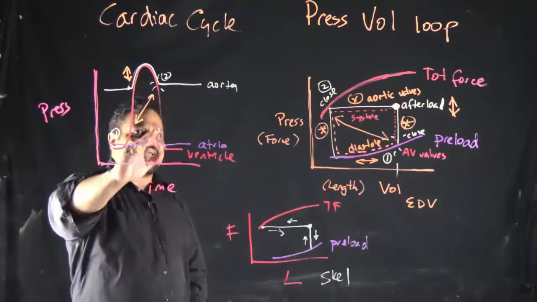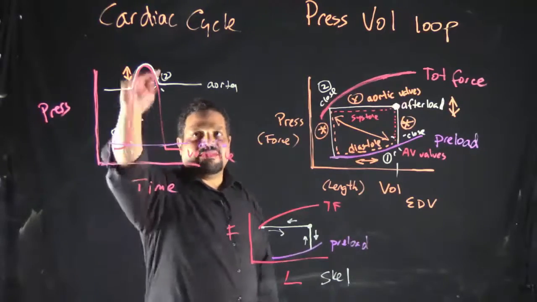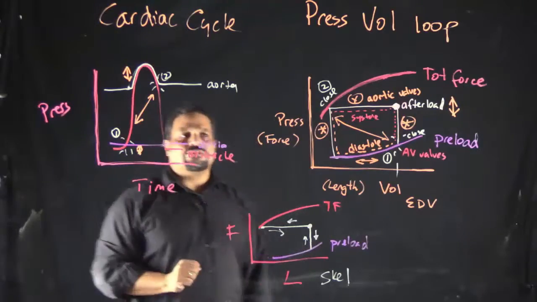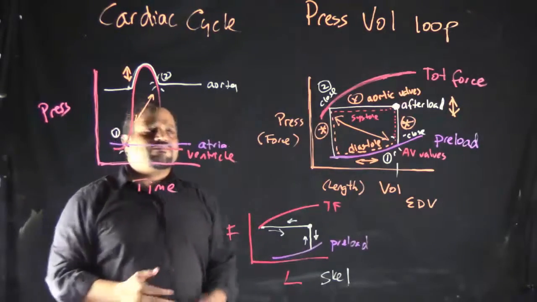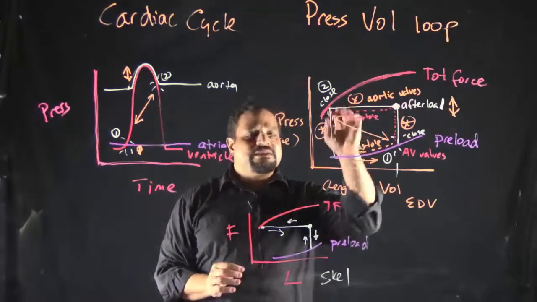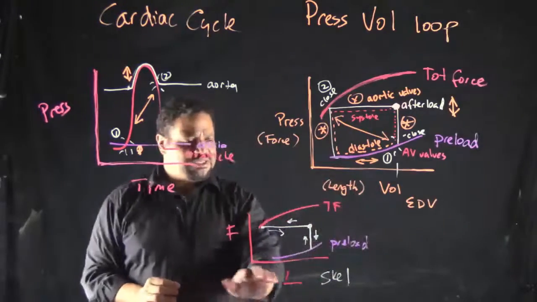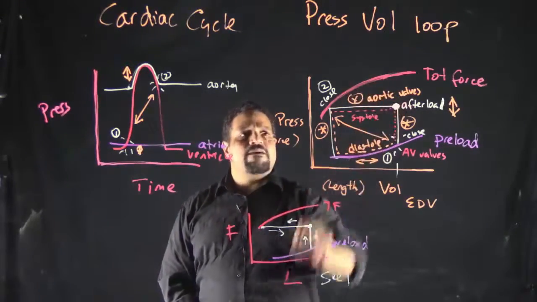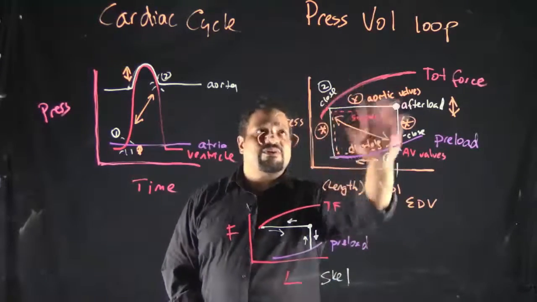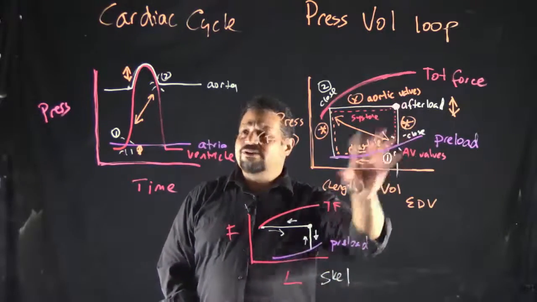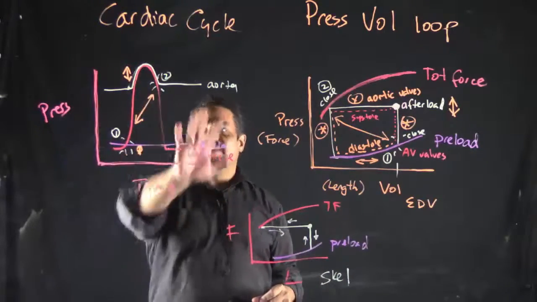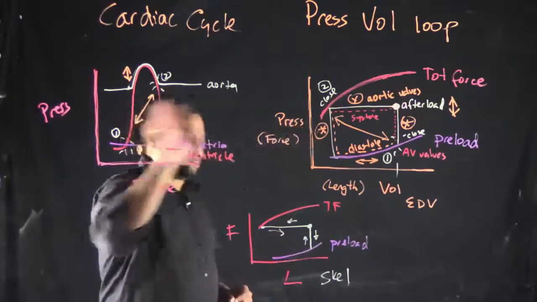So you can look at the gaps between the different pressures. We'll also talk about that in class. So I wanted to compare the skeletal muscle force length curve with the pressure volume loop for the heart, briefly discuss different parts of the pressure volume loop, just to give an overview, and then compare and contrast it with the cardiac cycle.